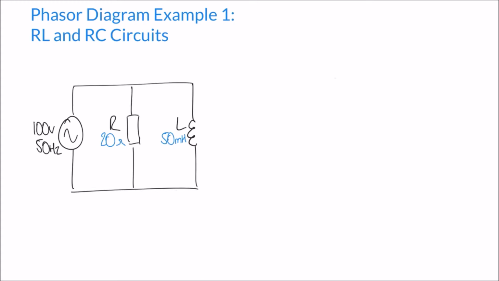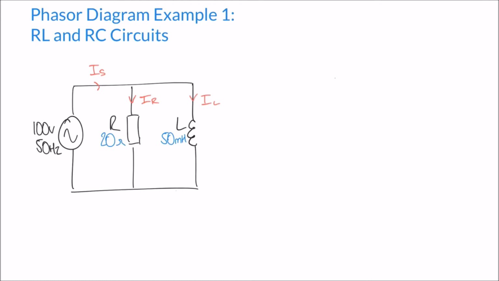We have, I can mark on here, a current going through our resistor branch, which I'm going to call IR. We have a current going through our inductor, which I'll call IL, and then together they combine to form a supply current, IS. So we have more than one current to express on our phasor diagram.